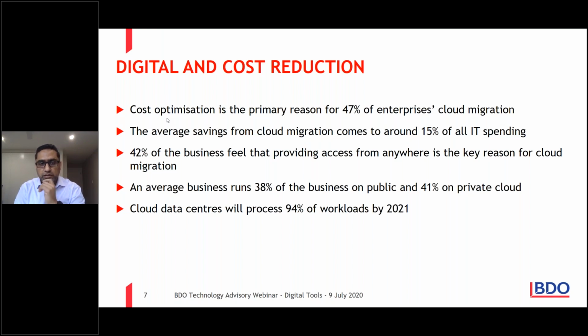So 38% of the businesses are on public cloud, 41% is on private cloud. Now, this is a global statistic, so the ratios might change based on geographies, might change based on your industry, but it just shows that there is cloud adoption across the board.